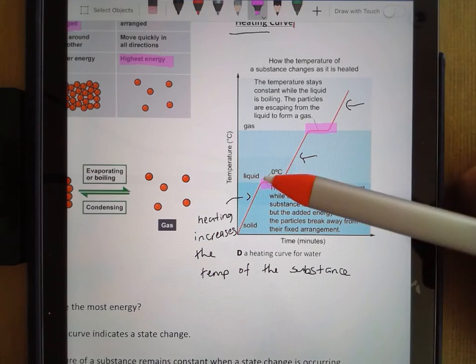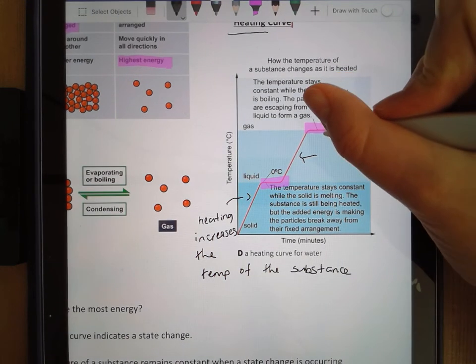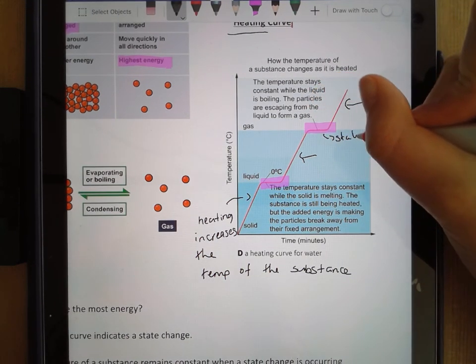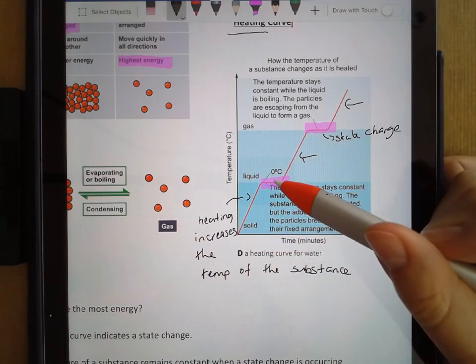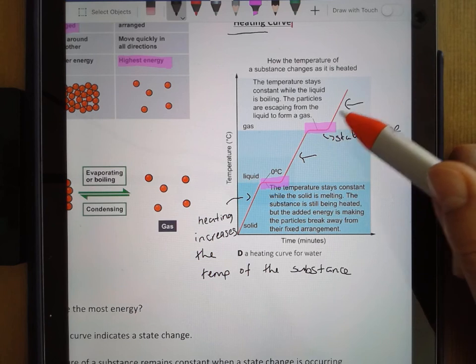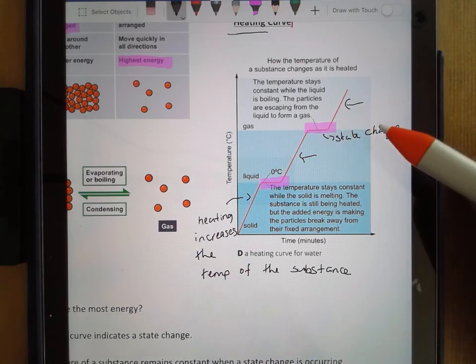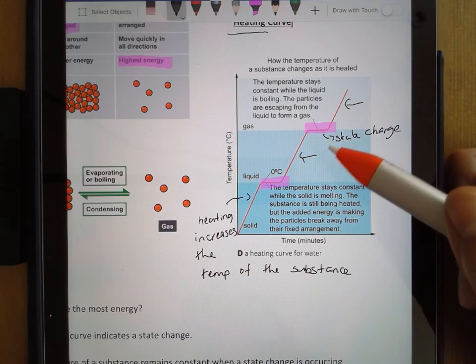The reason is because at these 2 points where the graph is flat, a state change is occurring. Here, you're going from solid to liquid, so that state change is going to be melting. Here, you're going from liquid to gas, so that state change is going to be evaporating. But at these 2 flat parts of the graph, you have got a state change.